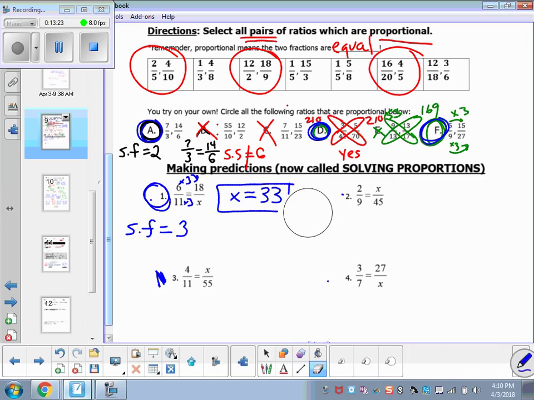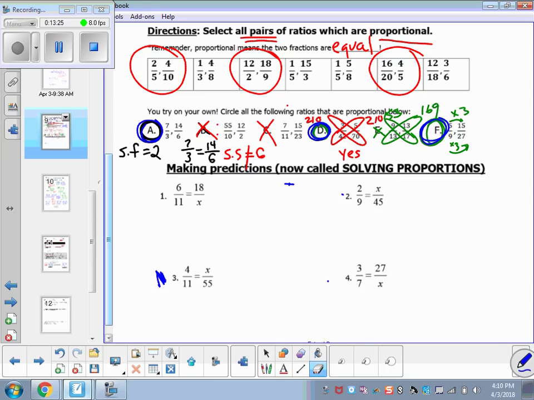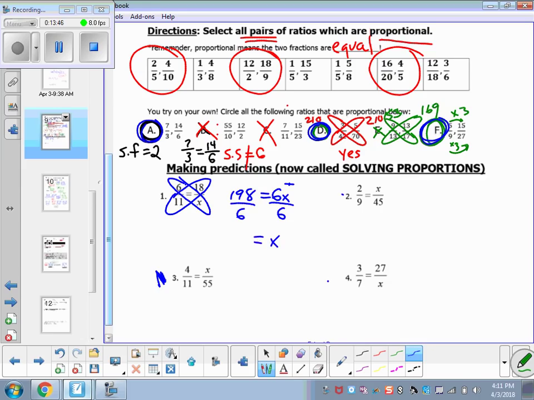Now, if you're not a scale factor person, you're just going to cross multiply and divide. We're going to multiply 11 times 18, and then we're going to multiply 6 times x. When we multiply 11 by 18, we get 198 in the calculator. Equals 6x. Now we're going to divide by 6, and we're going to get the same answer, 33.